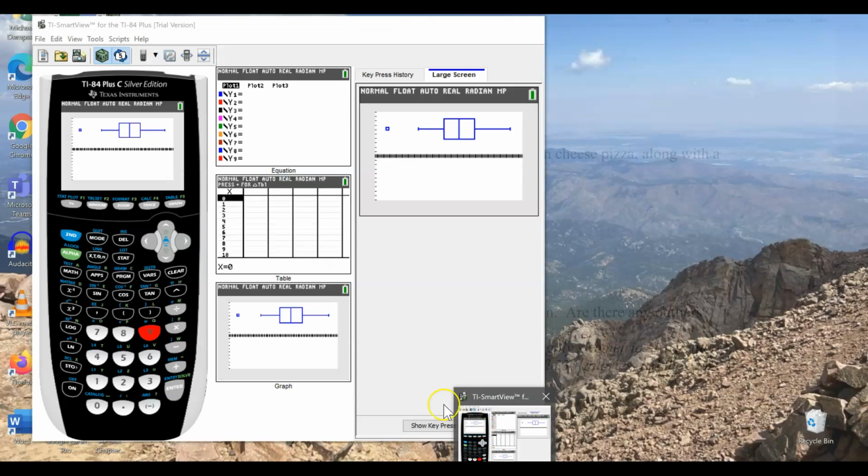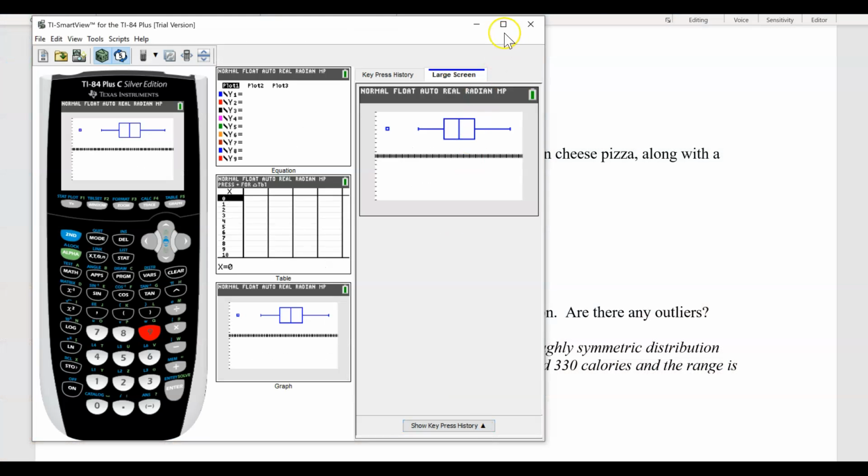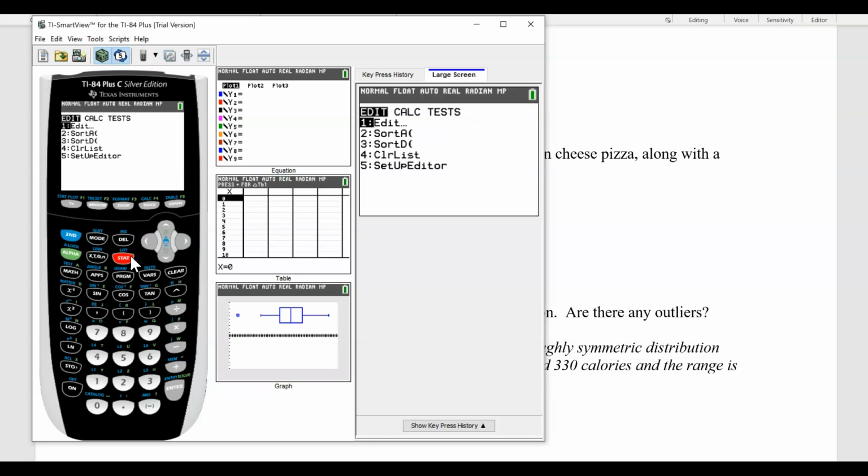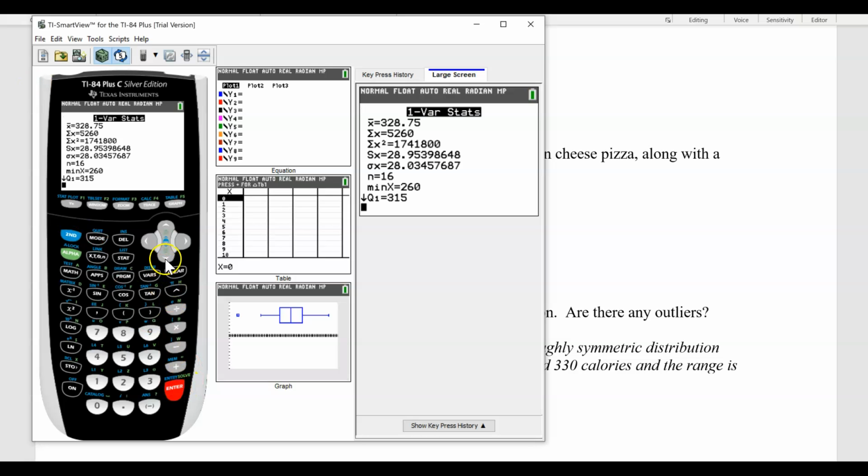All right, so now what I'd like to do is show you this 1.5 IQR rule so you can see how that fleshes out. In order to do that, I need those one-variable stats that I had before. So the IQR is the middle 50%.